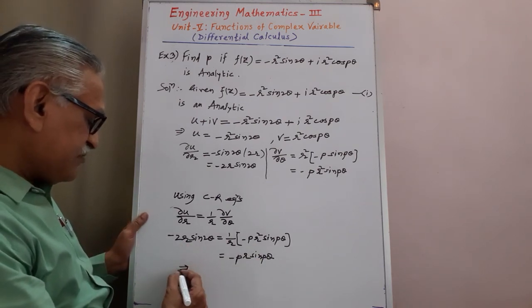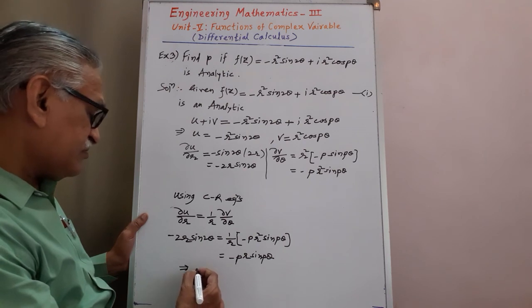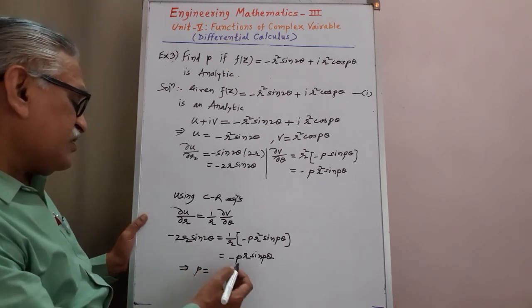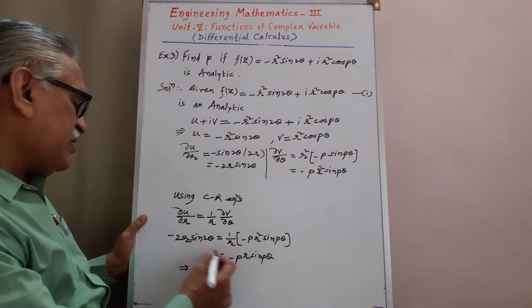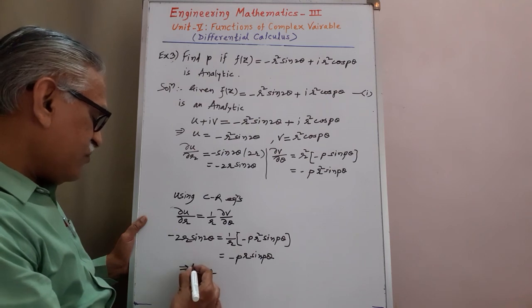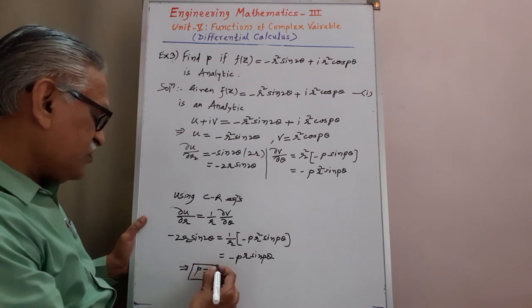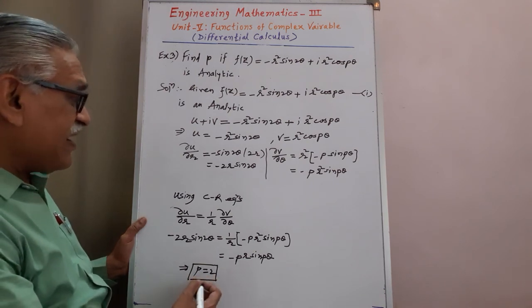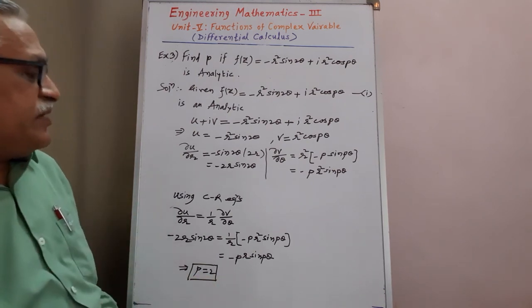It implies p is equals to, coefficient of r is p here, and coefficient of r is here 2, and therefore we get p is equals to 2. That is the value for p.